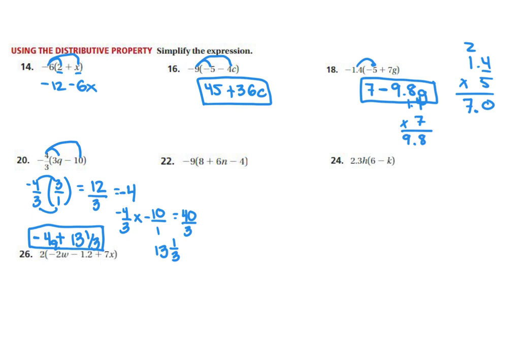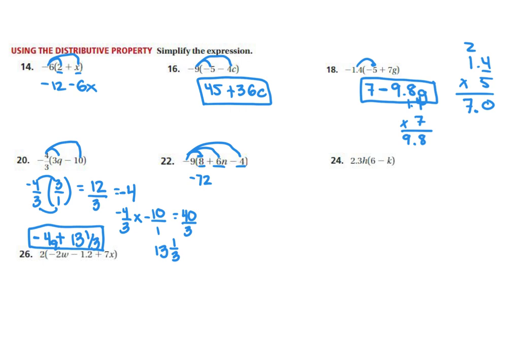For number 22, we have 3 terms. So we're just distributing the negative 9 to each of the terms. So negative 9 times 8. Negative 9 times 8 is negative 72.